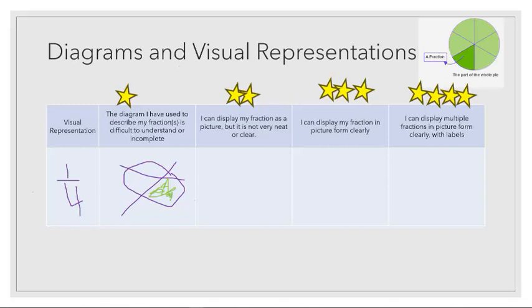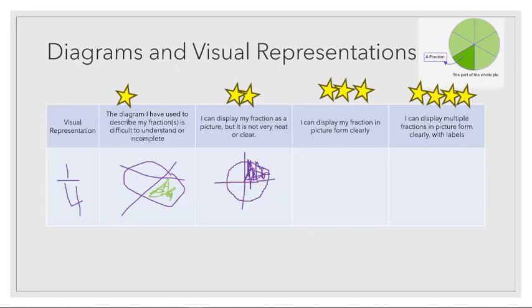This might look similar to the first one, but probably a bit neater. We might have drawn almost a proper circle, and actually had a good attempt at dividing it into quarters, and then shaded that bit in, and that's just a bit clearer that you're representing 1/4.